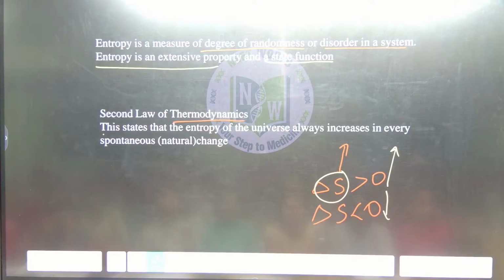For a spontaneous process, delta S will be positive, or entropy increases, I can say.